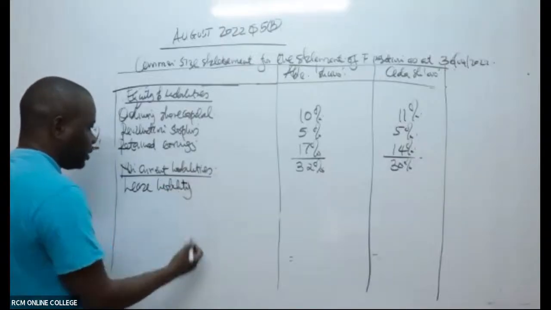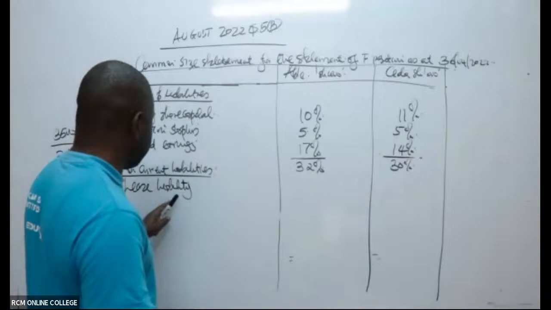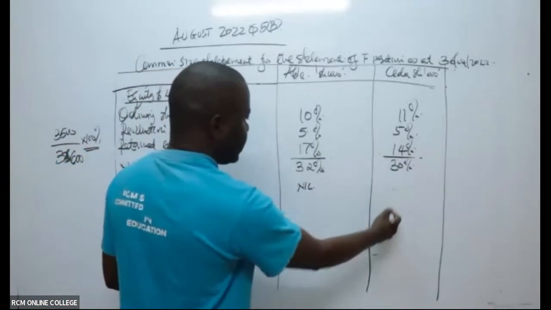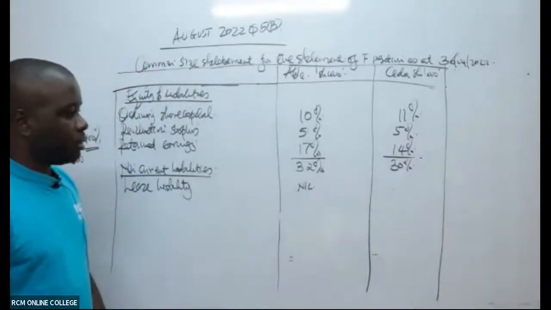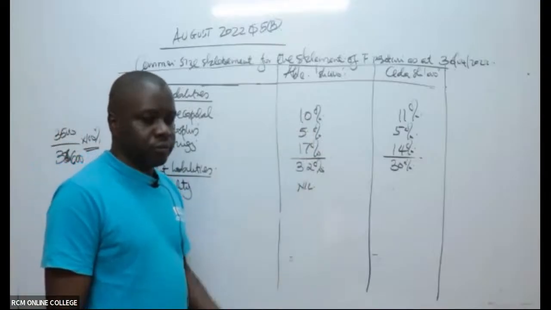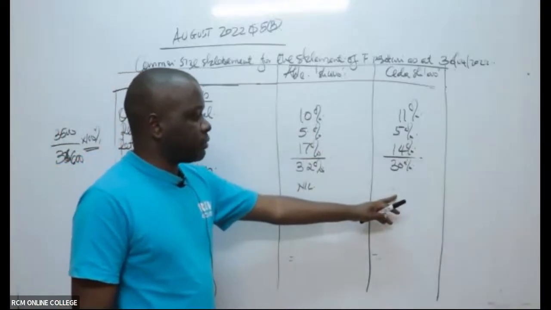They had a long-term lease, probably. So this one is nil because there's no figure there. What about here? So this one is nil because there's no figure. Under the first company, there's no figure there.